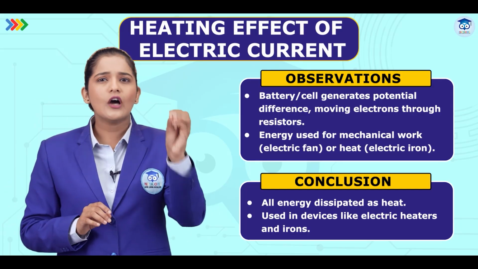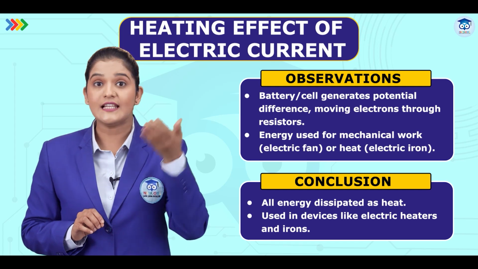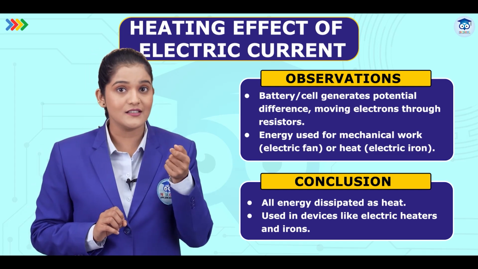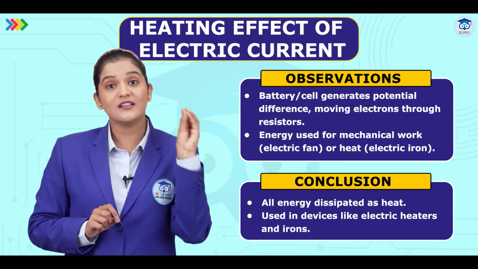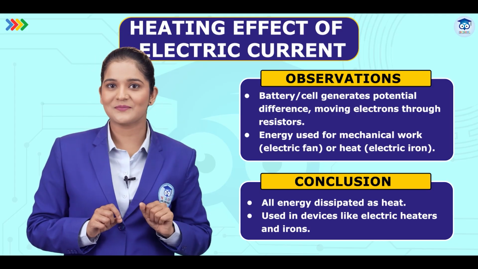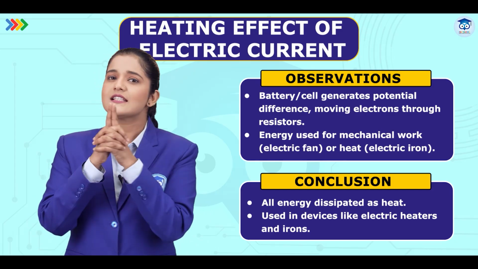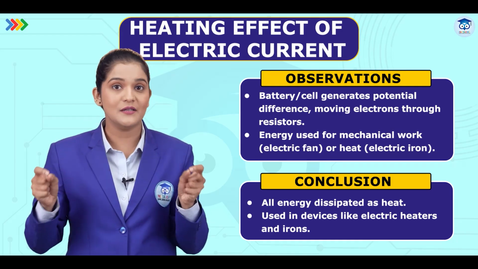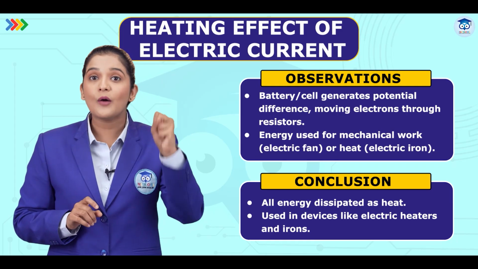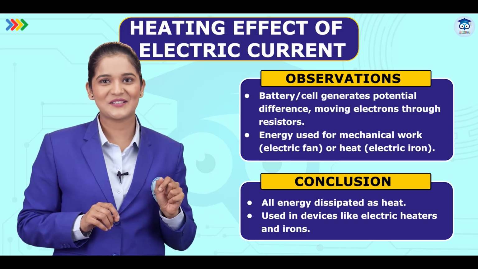Next, in a purely resistive circuit, such as those found in devices like electric heaters and irons, all the supplied electrical energy is converted entirely into heat. This dissipation of energy as heat is a direct result of the resistance offered by the circuit elements, and it forms the basis for the functioning of many heating appliances.